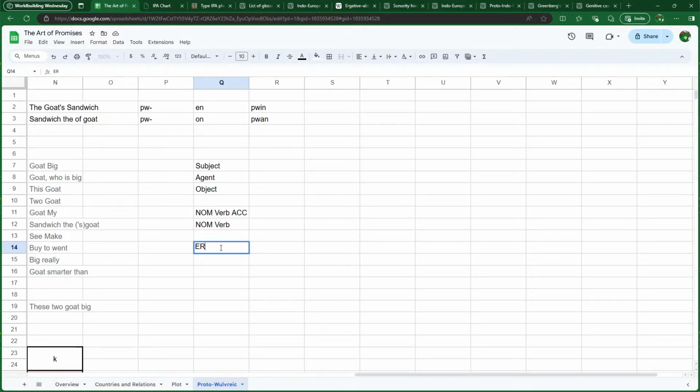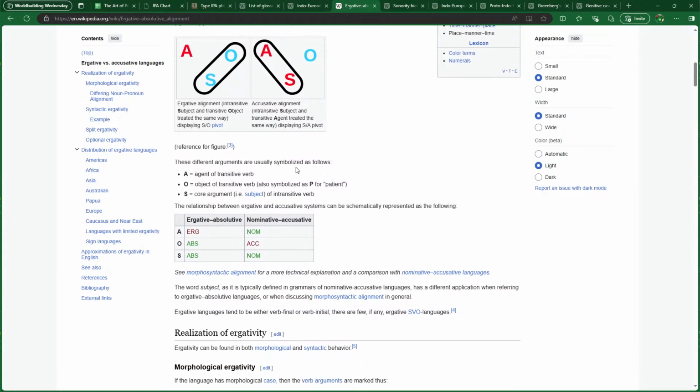Right, so here it would be ergative verb absolutive. But here it would just be absolutive verb, right? I think so. The agent of a transitive verb, the object of a transitive verb, the core argument, the subject of an intransitive verb. Yeah.